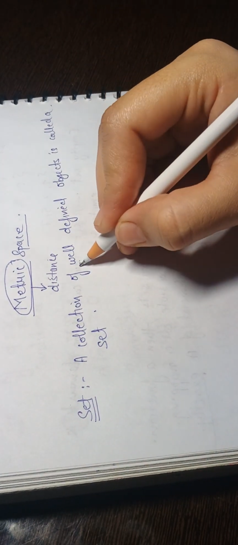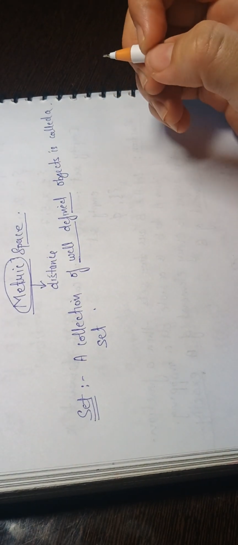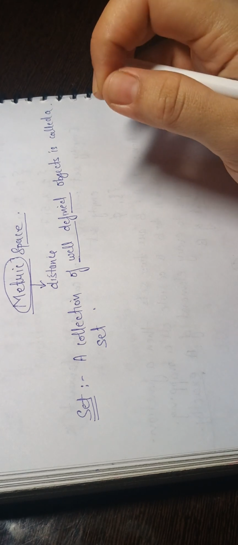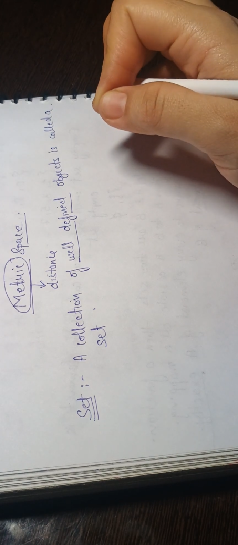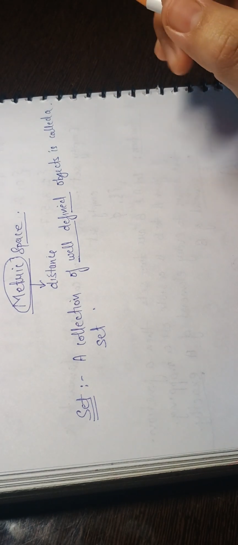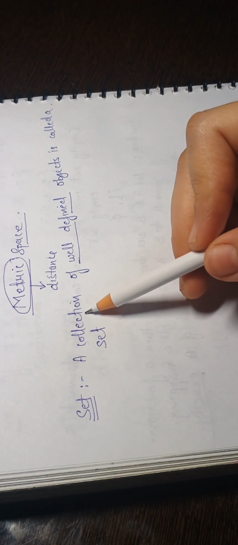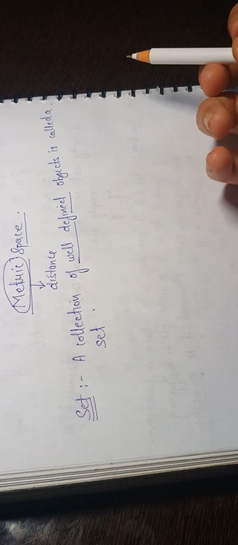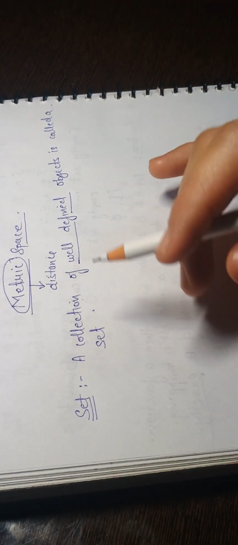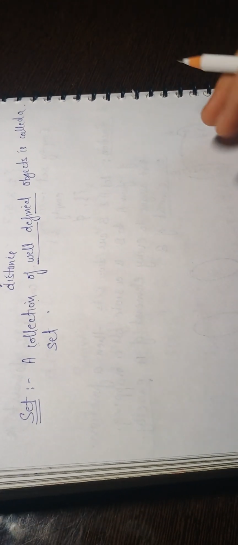And when I say well defined, that means there is no confusion about the inclusion or exclusion of an element. There should not be any confusion about what kind of element belongs to the collection and which element should not belong to the collection.